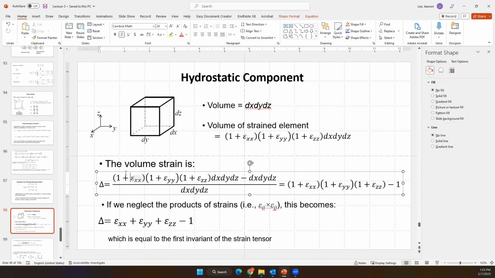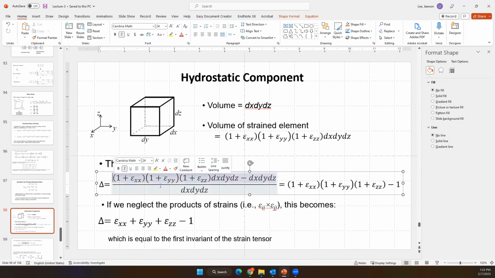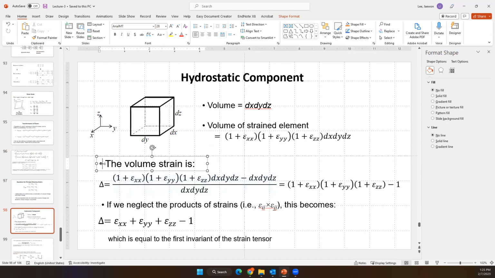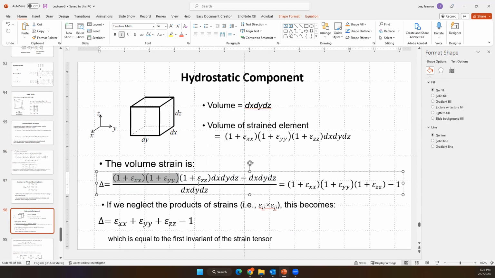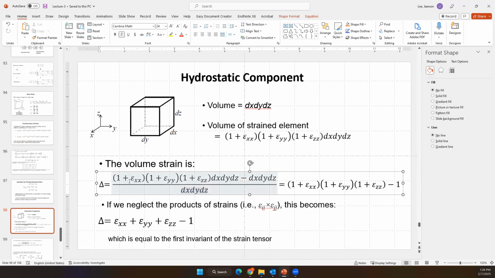Okay. And then the volume strain could be expressed like that, based on the same definition of the strain. You already know the definition of the strain is delta L over L, and it is exactly the same.